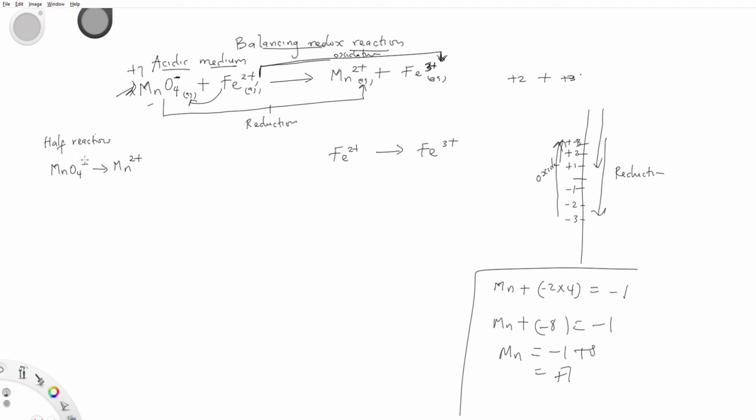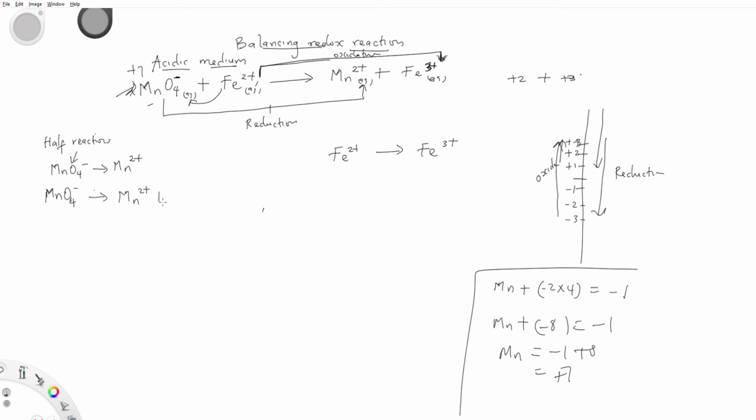Okay, now there is oxygen in this place here. We need to balance it. And how do we balance it? You balance it by adding water, remember. So MnO4 minus, you need to add the equal amount of water that can balance this oxygen here.